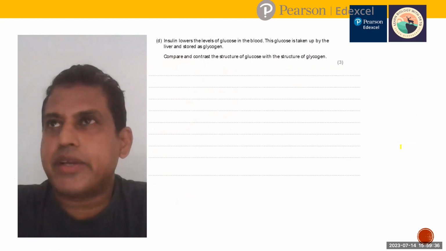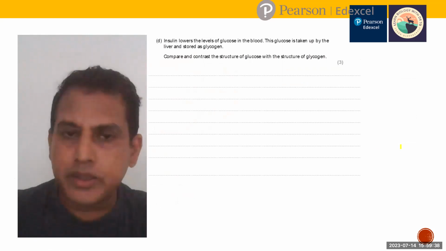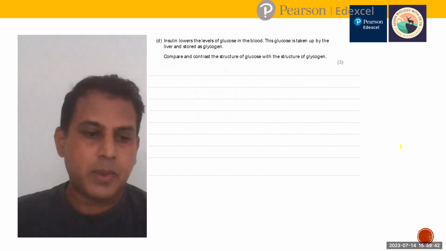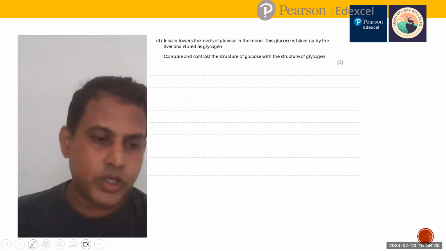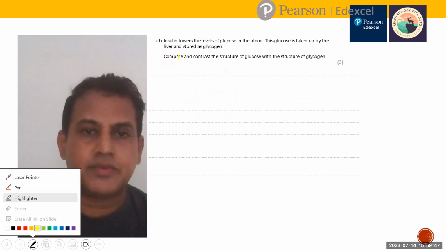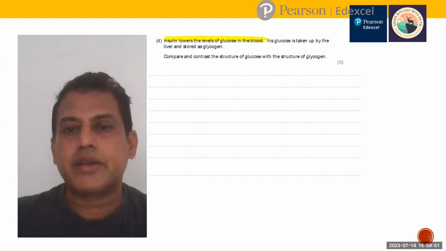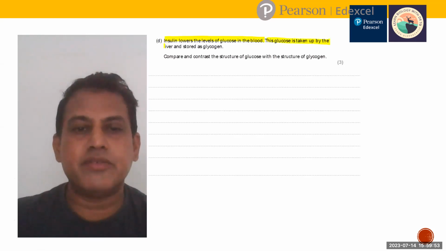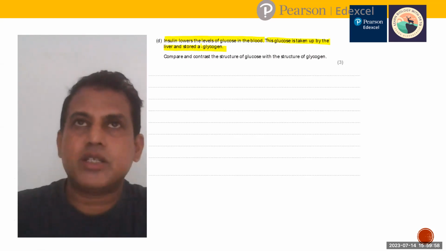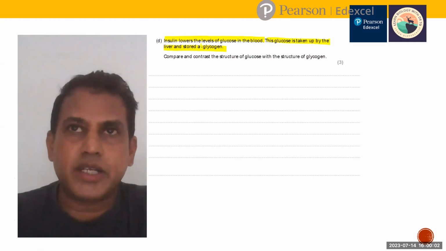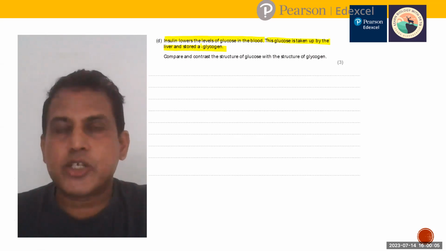This is not directly related to protein, but it is related to a carbohydrate. However, we should answer the question. The question is, insulin lowers the level of glucose in blood. This glucose is taken up by the liver and stored as glycogen. So the main function of insulin hormone is, after a meal, the glucose level increases in the blood and this glucose level decreases in 2 ways.